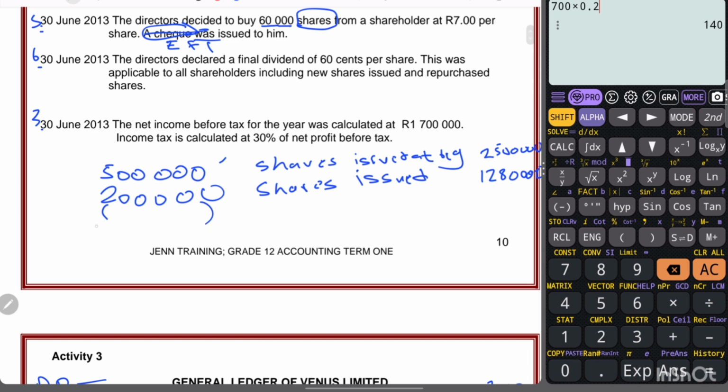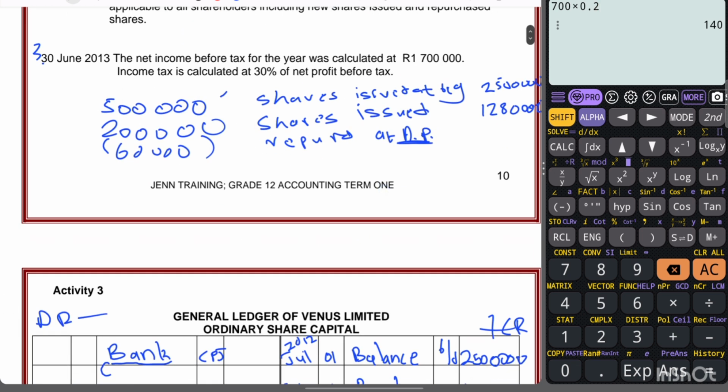How many shares were repurchased? 60,000 shares repurchased at an average price. Here we are always looking for the average price. Remember, how do you calculate the average price?